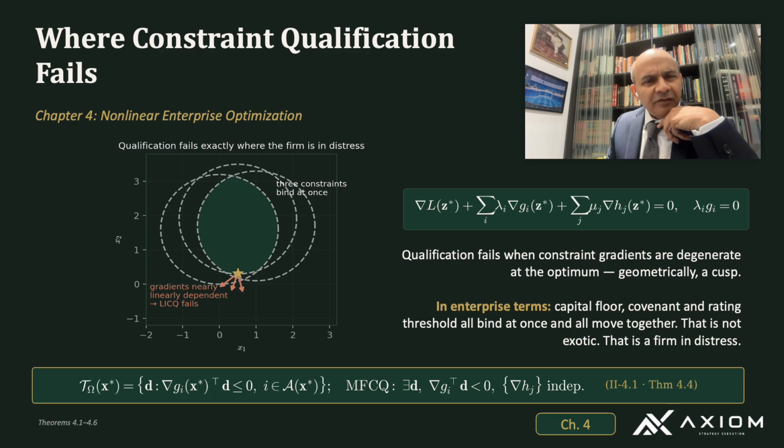Theorem 4.5 gives local stability of the optimum. Under LICQ, second order sufficiency and strict complementarity, a local enterprise optimum is locally stable. Small parameter changes produce a unique nearby optimum, multipliers, and active constraints that vary smoothly with the parameters.